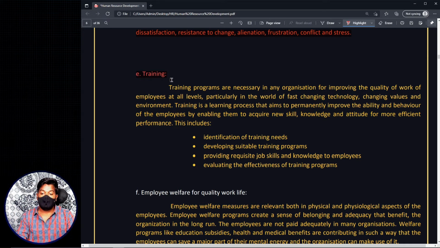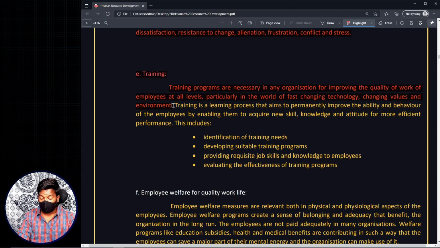Training programs are necessary in any organization for improving the quality of work of employees at all levels, particularly in a world of fast changing technology, values, and environment. Training is a learning process that aims to permanently improve the ability and behavior of employees by enabling them to acquire new skills, knowledge, and attitudes for more efficient performance.